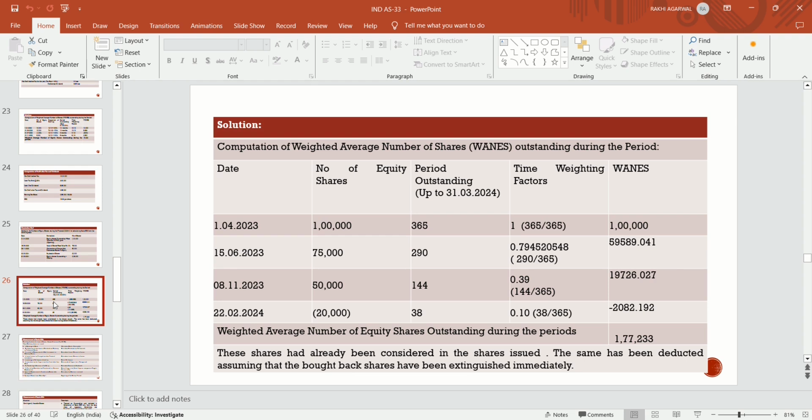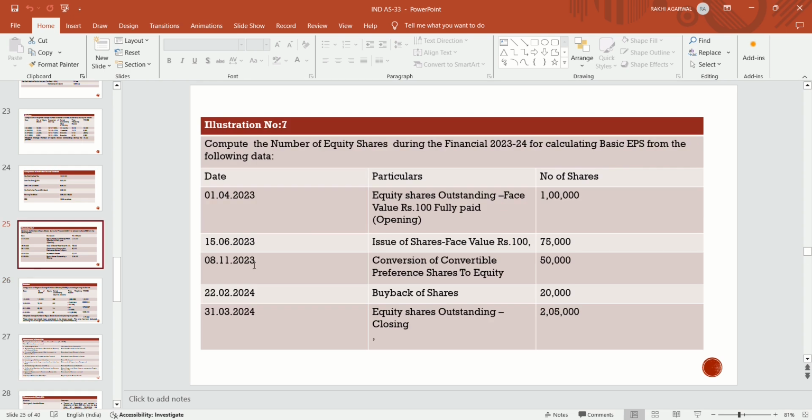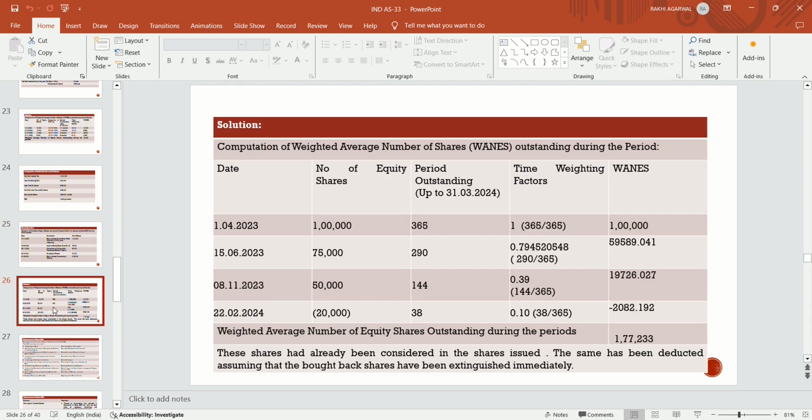So 290 days divided by 365, the time weighting factor becomes 0.7945. Multiplied by 75,000, it becomes 59,589 shares. Now on 8th November 2023, the entity converted the preference shares to equity, that is 50,000 shares.